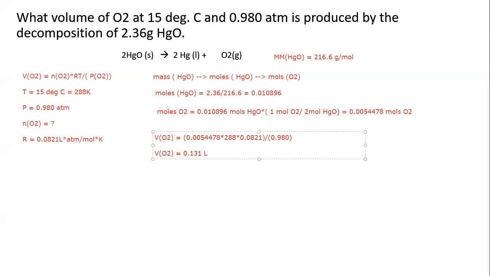Let me double check my work. And so that's the volume of O2 that would be produced.